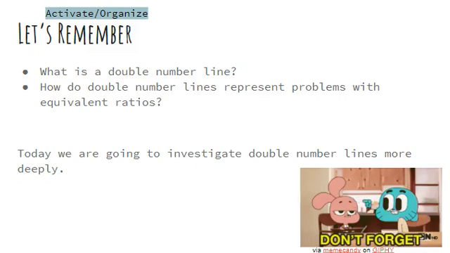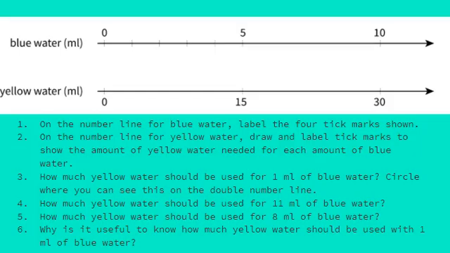All right, don't forget, the other day we were doing our lesson with mixing the water. On that one, we had, for every 5 milliliters of blue water, we needed 15 of the yellow to make it work out equivalent.